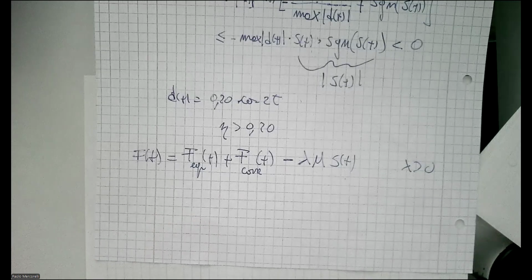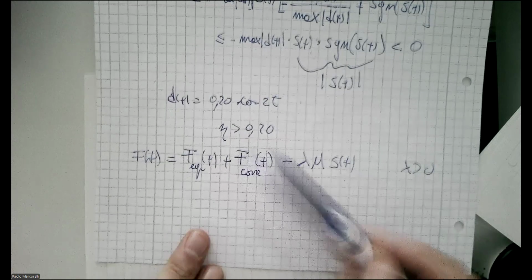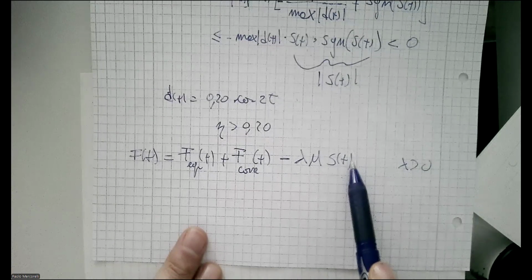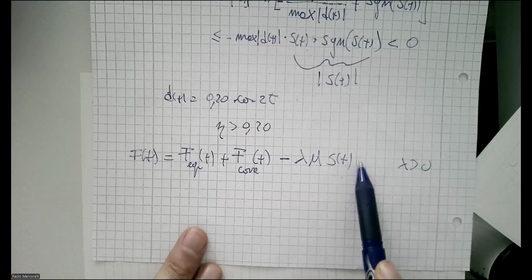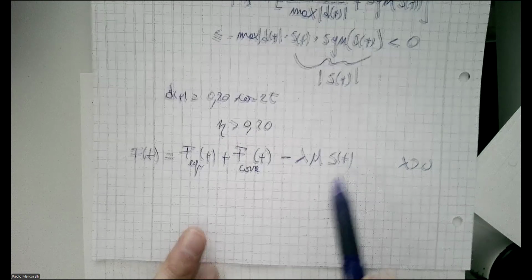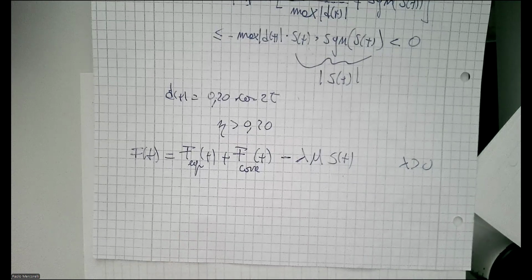To obtain, let me say, the stability. Moreover, nevertheless, we cannot avoid having this one, because close to s of t equals 0, otherwise we don't have, let me say, an effort which is enough to work against possible bumps.